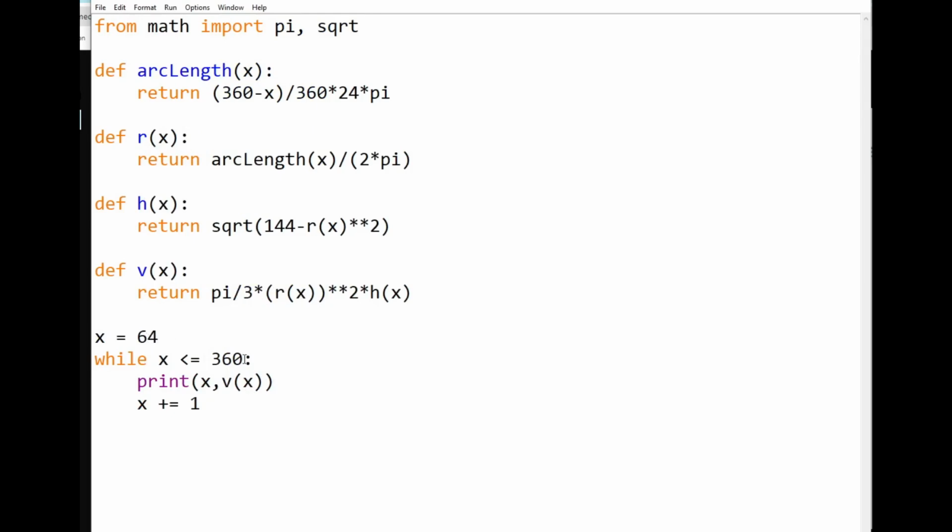And while x is less than 67 degrees, can make it go up by hundredths or something like that. And let's see, we're going to print x, and then the volume, it goes up by a tiny little bit, like delta x. I'll just say dx. And that's going to be 1 divided by 1,000,000.